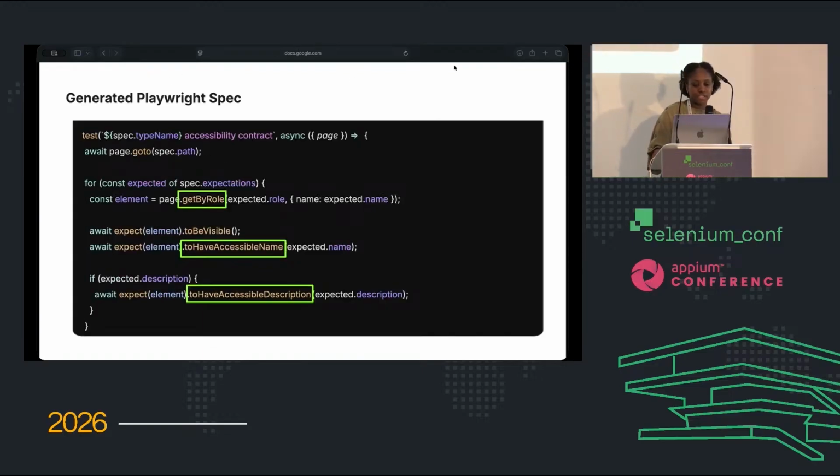Okay, so the Playwright test is pretty simple. We take the path, which is going to be the /movies of the demo within our files, we go to the expected role, and then we ask: does this component have the sentence or the accessibility information that I'm expecting to be here?